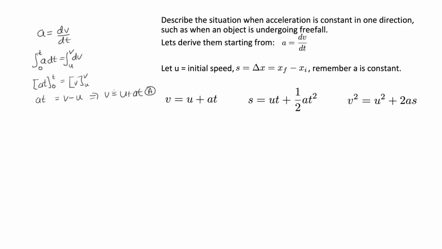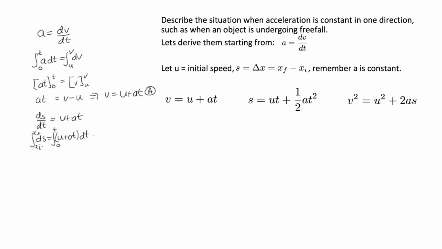Okay, so now what we're going to want to do is try and get an expression for the displacement s. So let's write v as ds dt. So ds dt, that's the velocity, is equal to u plus at. And now what we can do is multiply through by dt. So we've got ds is equal to u plus at times dt. And then once again, we'll integrate both sides. So we're going from time 0 up to t, and we'll go from x initial to x final.